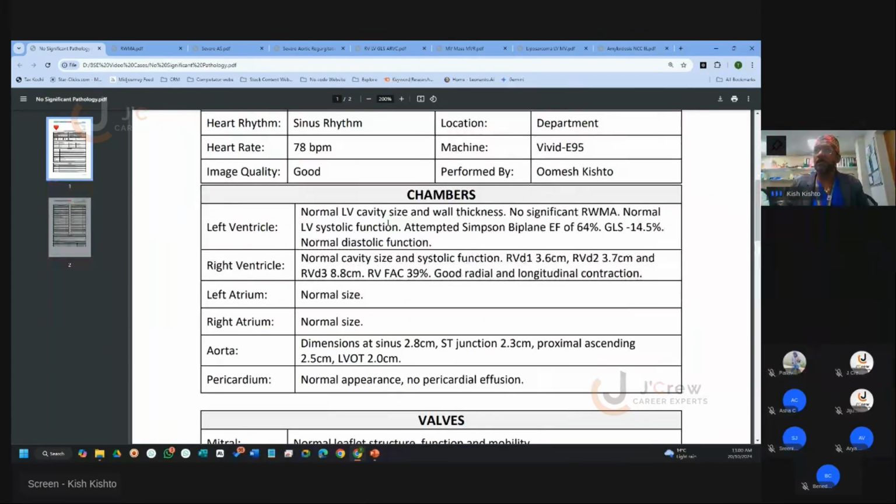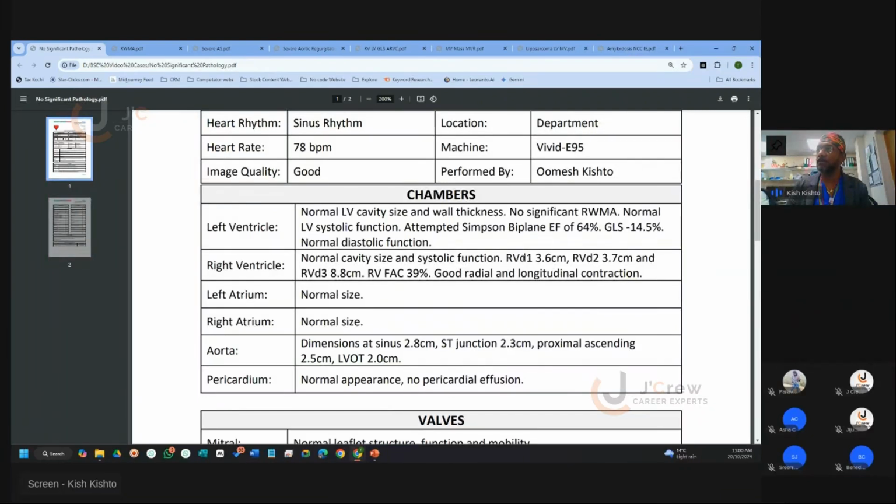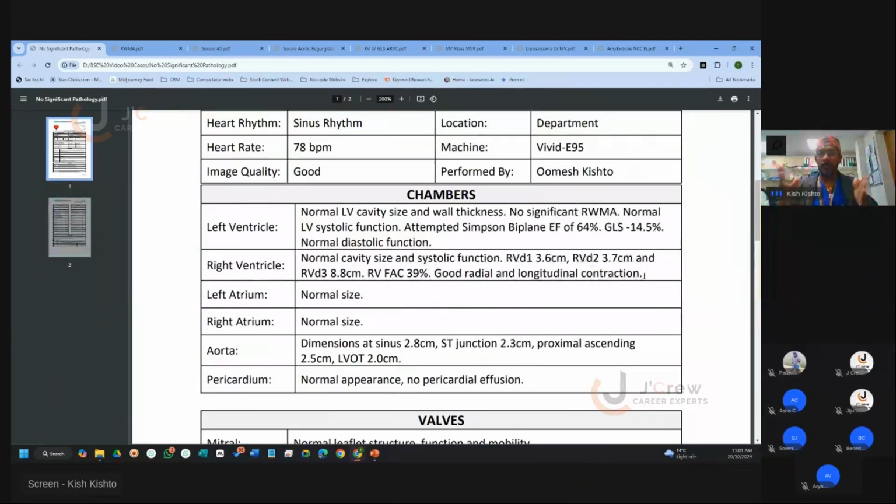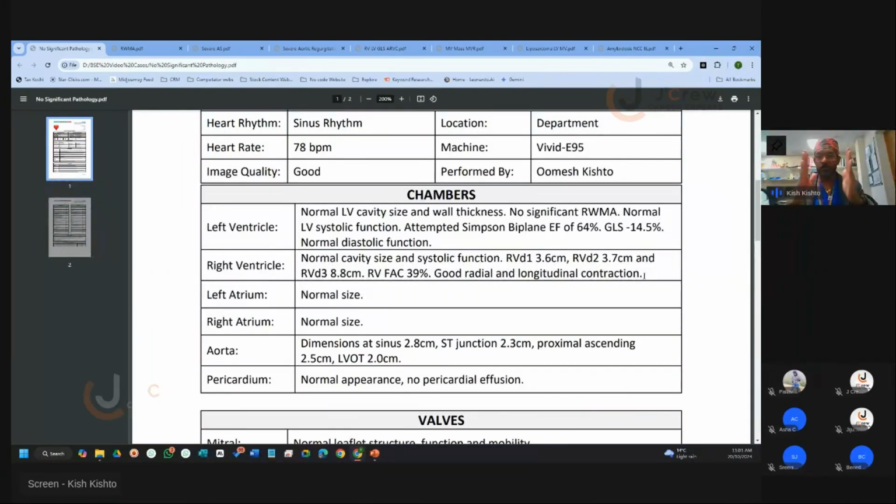RV normal cavity size and systolic function. I'll put the dimension of the cavity there and the FAC, good radial and longitudinal contraction. I always use this wording. When I say good radial, there is a good radial contraction and the TAPSE is squeezing nicely, so you see good radial, good longitudinal contraction visually.